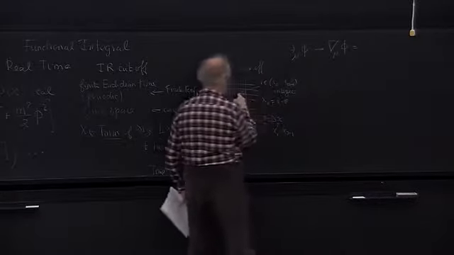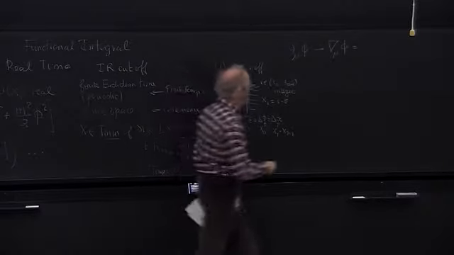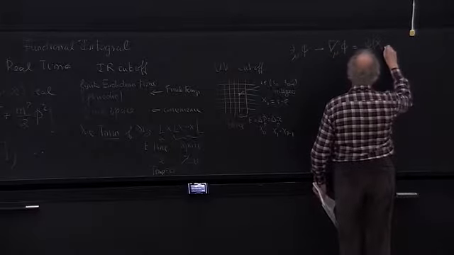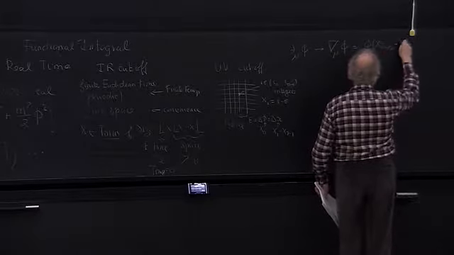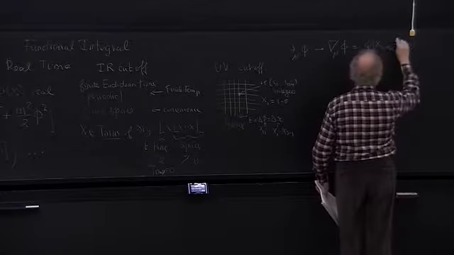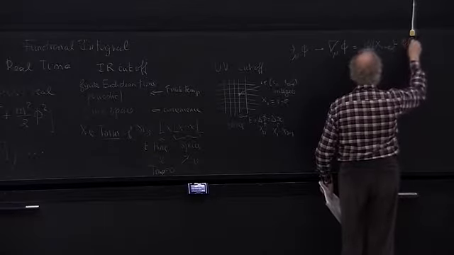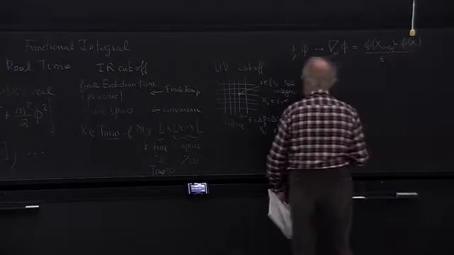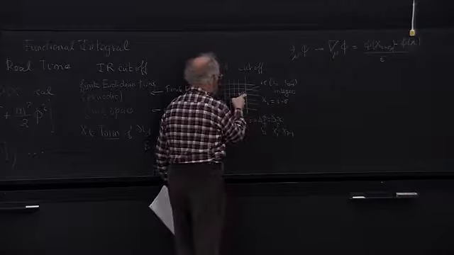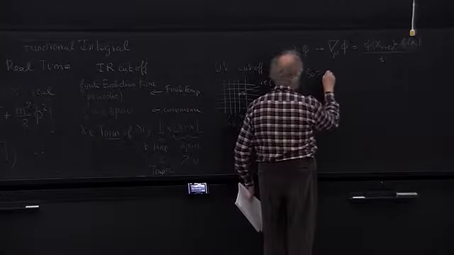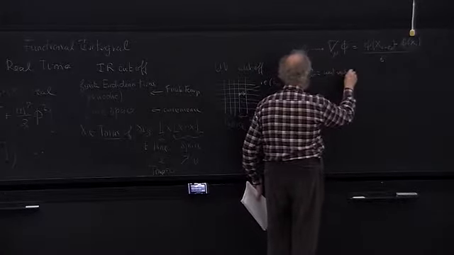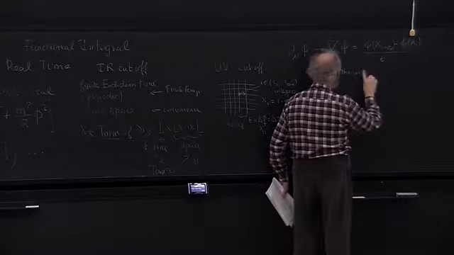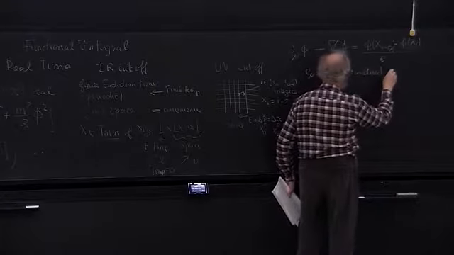This is the corresponding vector on the lattice. This is phi of x_I plus e mu, minus phi of x_I, divided by epsilon, where e mu is a unit vector in direction mu.